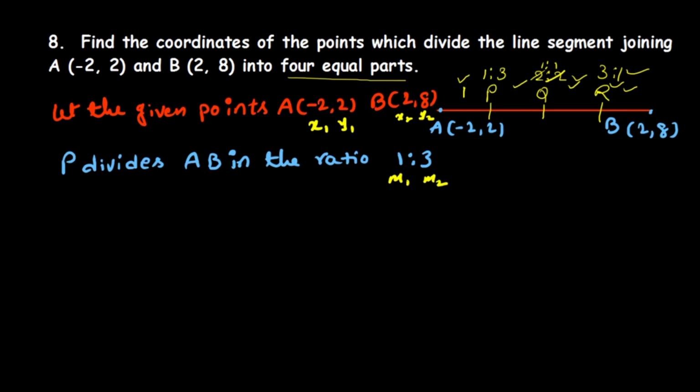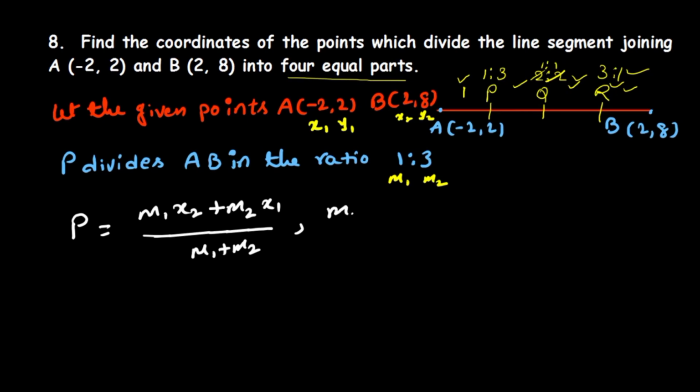Now to find P, I am going to write the section formula: P equals (m1x2 + m2x1)/(m1 + m2), and similarly (m1y2 + m2y1)/(m1 + m2). Here m1, m2 is 1, 3.